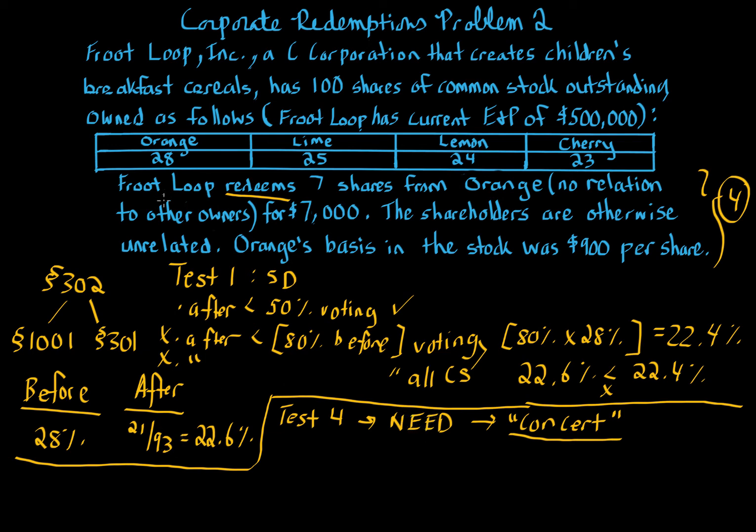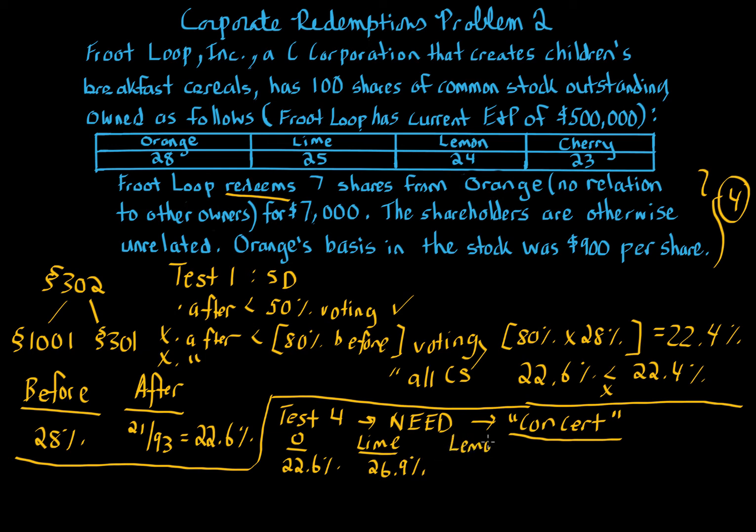After the redemption, Orange has 22.6%. We have Lime. Lime is going to have 25 over 93 shares. 25 divided by 93 is going to be 26.9%.